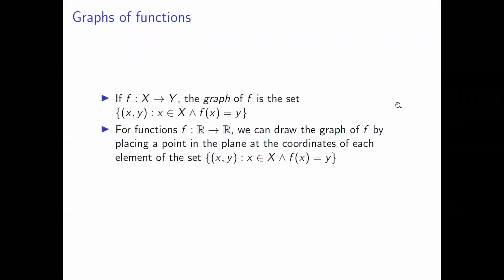And we can draw the graph if we have a function from the reals to the reals, for example. We can draw it just by placing a point in the plane at the coordinates for each element of that set, which we just defined, the ordered pairs x and y with x in the domain and f of x equal to y. So we're going to see some examples.